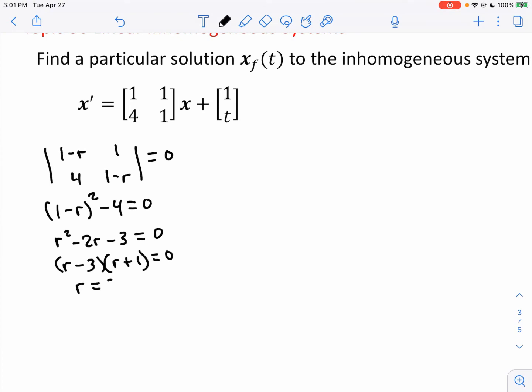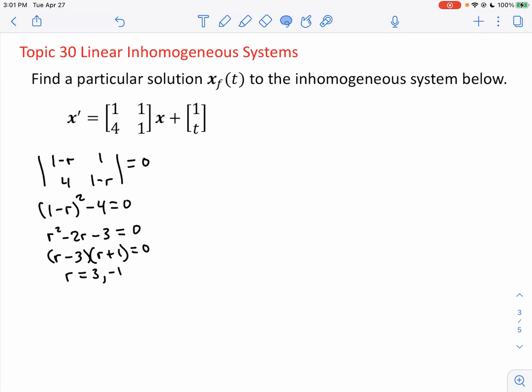So we have 2 eigenvalues, 3 and negative 1. That means our general solution is going to involve e to the 3t times an eigenvector, and e to the negative t times an eigenvector, neither of which match the forms of just a constant or just a polynomial t. So we don't have any issues.